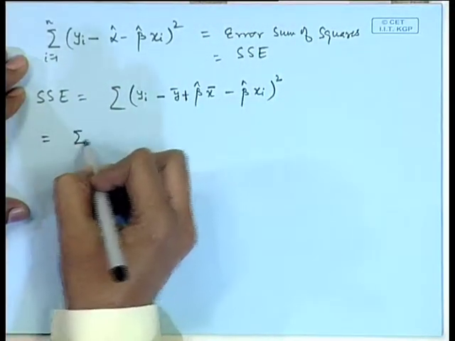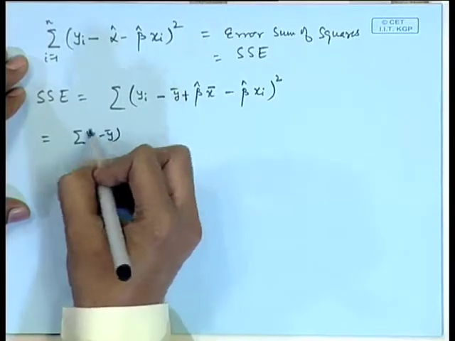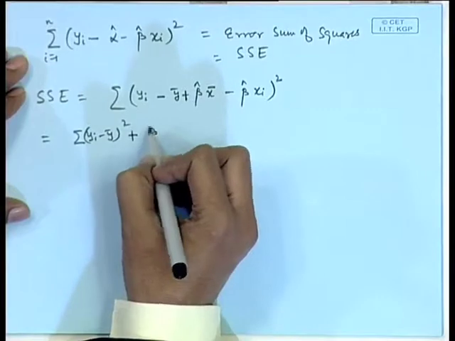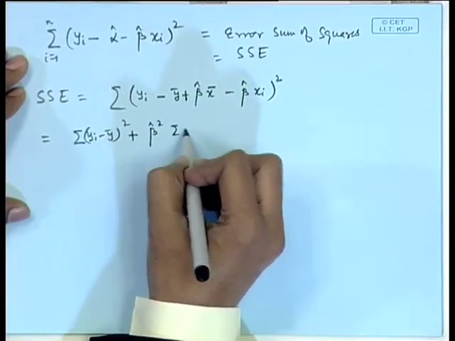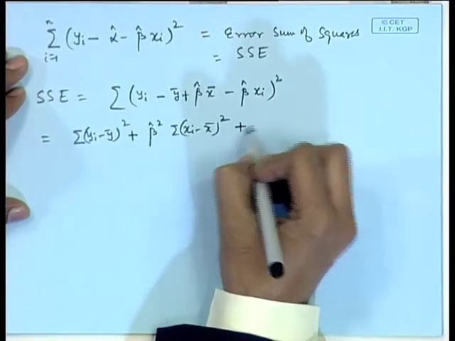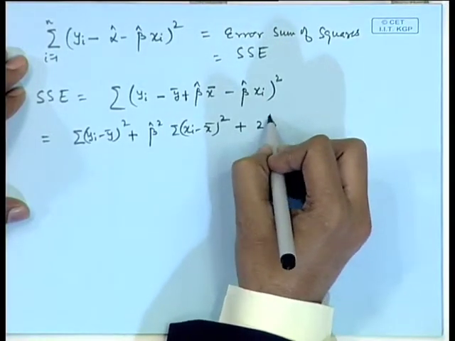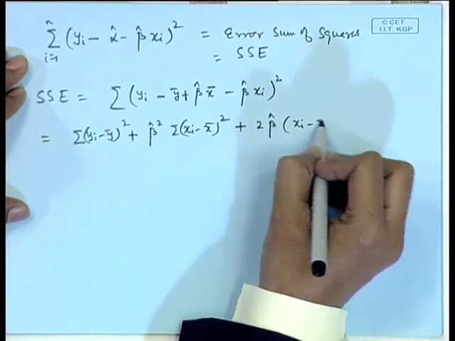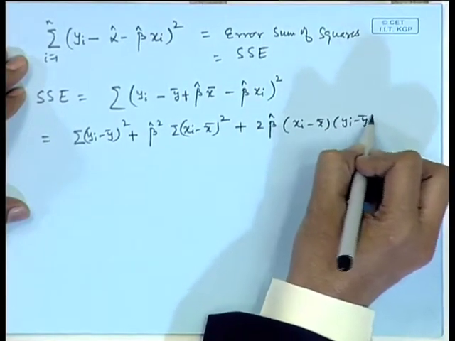That is equal to sigma (y_i minus y bar) whole square plus beta hat square sigma (x_i minus x bar) whole square, minus twice beta hat sigma (x_i minus x bar)(y_i minus y bar).